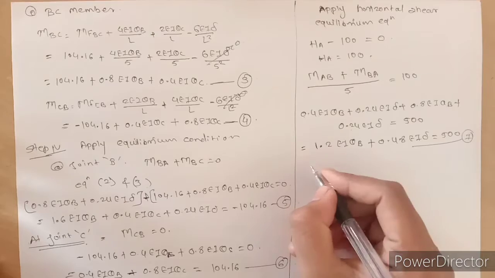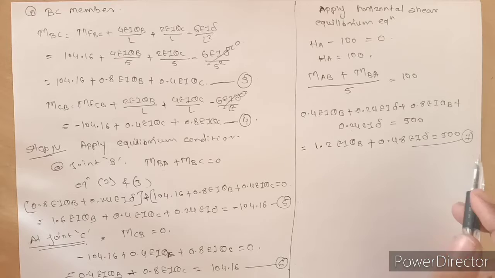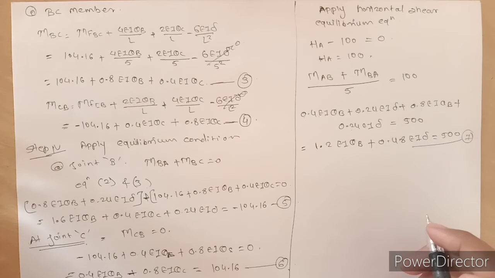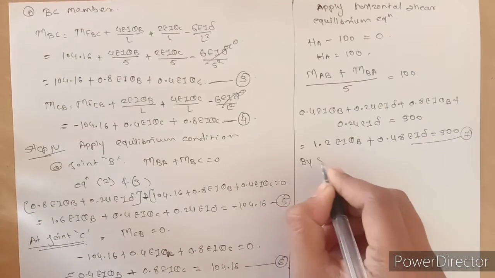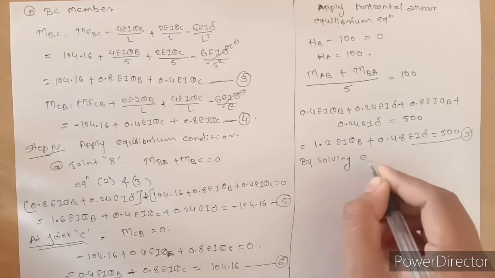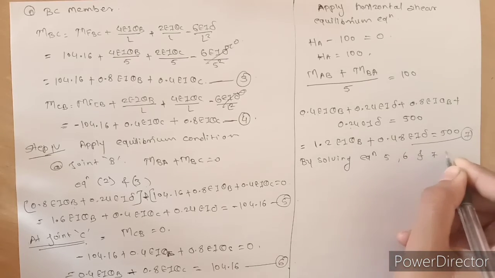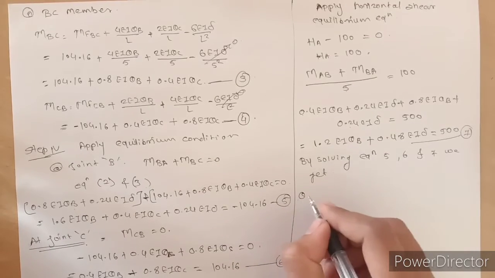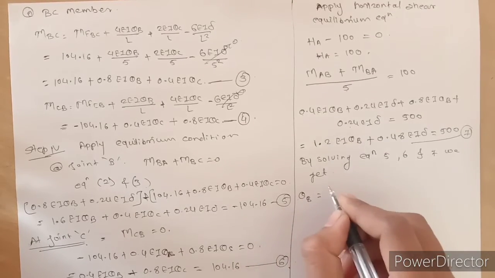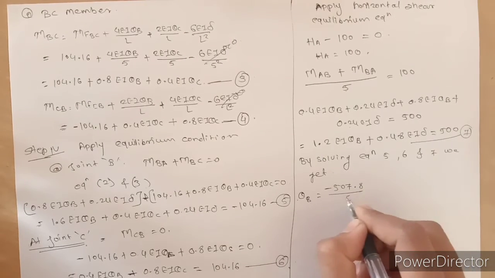Then after that, by solving equations number 5, 6 and 7, we get the unknown displacements, that is theta B, theta C and delta values. First, theta B value is minus 507.8 divided by EI.